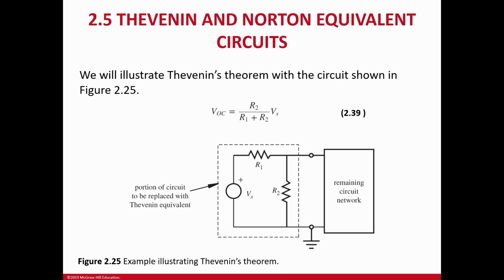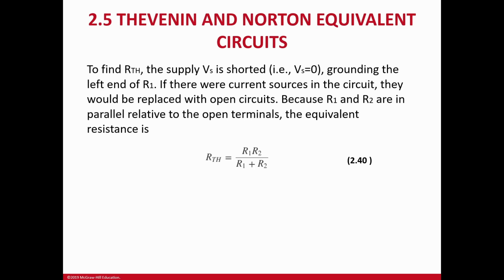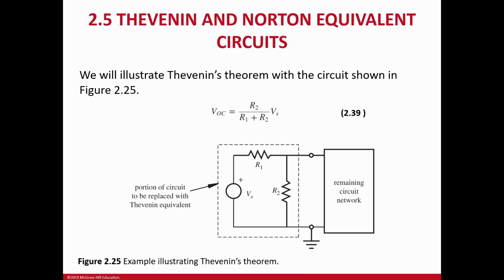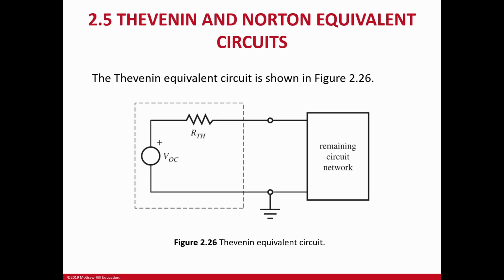So this is what we learned mathematically in electrical engineering. But the shortcut is if you just short the voltage source, then you get a parallel connection of R1 and R2. After you do this calculation, you can replace this resistor network with the Thevenin equivalent, which simplifies this black box.